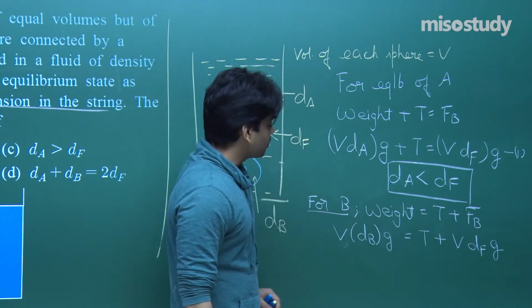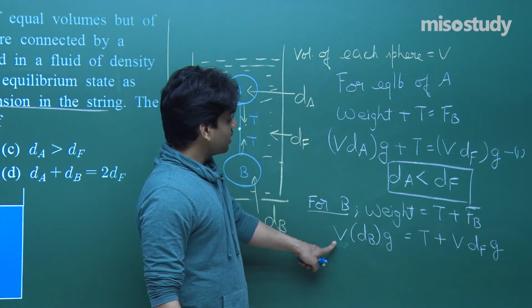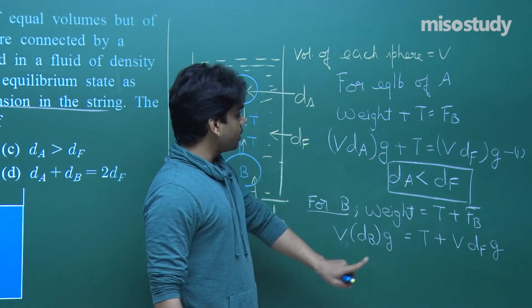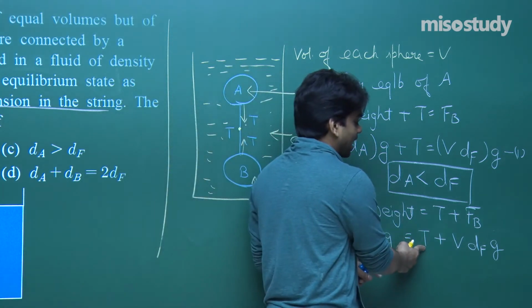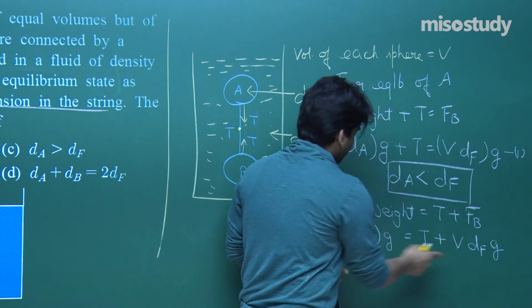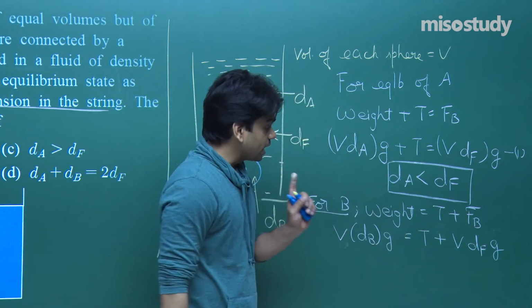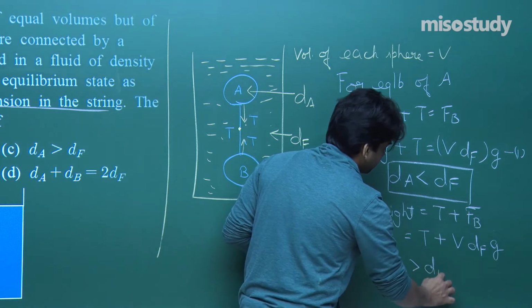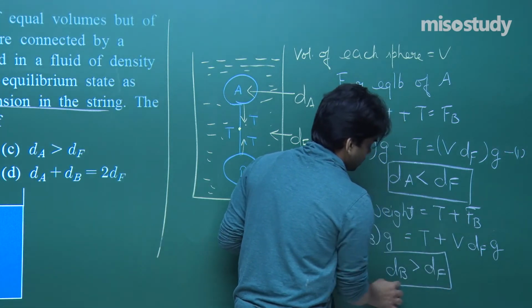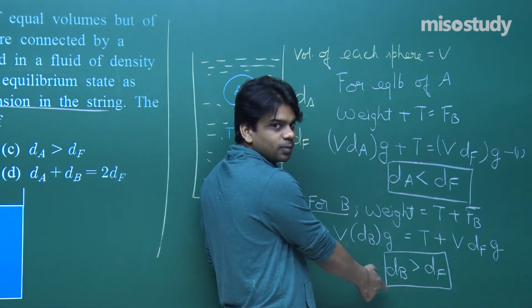Clearly we can make out that dB will be greater than dF, because tension is added, it is a positive value, and V and g are the same here. So we can comment that dB will be greater than dF. This is the second conclusion.